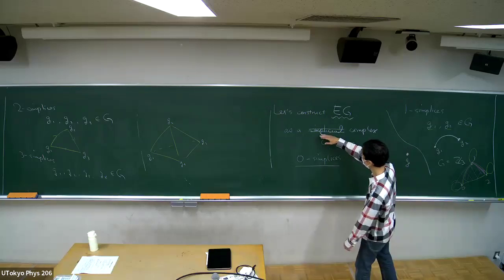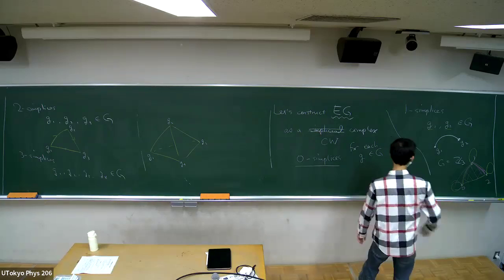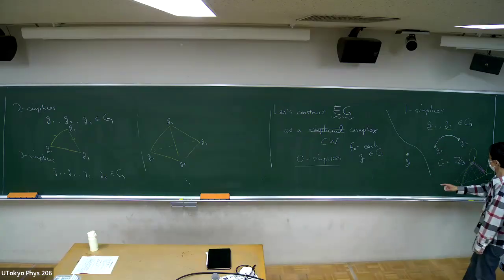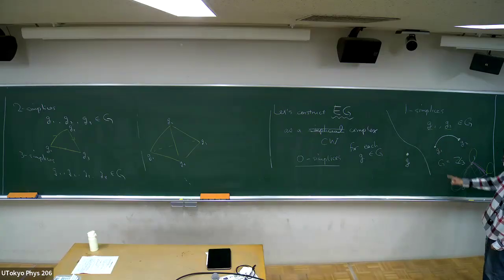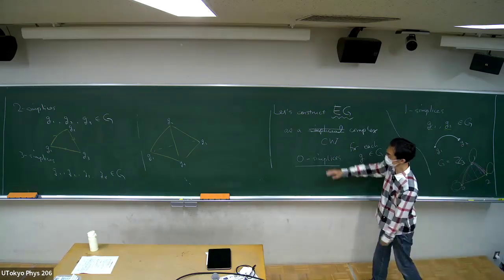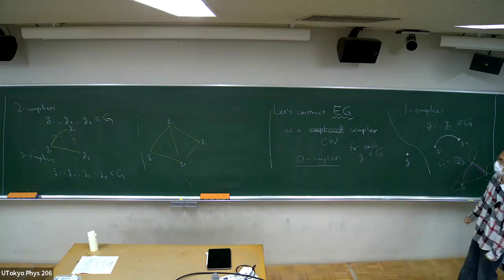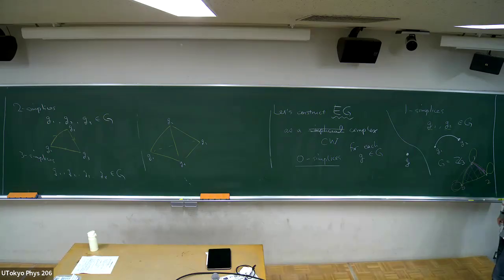So if you open up the math textbooks, a simplicial complex requires that you don't have a self loop, for example. And so here we have lots of overlaps and redundancies. So this is not really a simplicial complex, but it's still a CW complex. It's a very degenerate space.